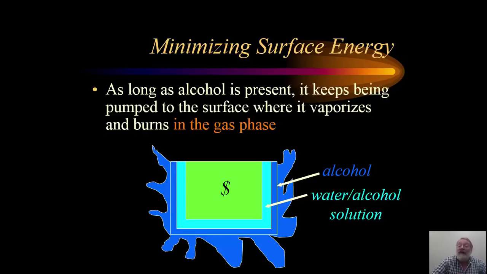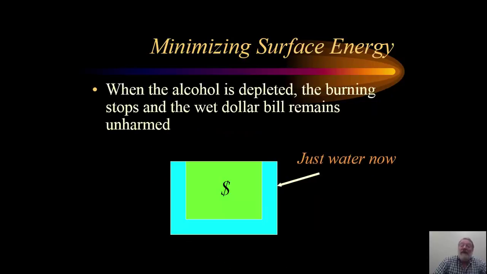When I light it on fire, that outside thin little layer of alcohol catches on fire. There's a water alcohol solution that's protecting the bill from the flame that's burning on the outside in the gas phase. The longer the alcohol flame burns, the more alcohol is pumped to the surface, and eventually the system runs out of alcohol. You just have a layer of water still protecting the unburned bill. So my $100 bill is never in danger when I dip it into the solution and light it on fire.